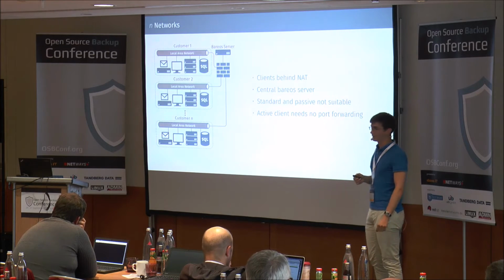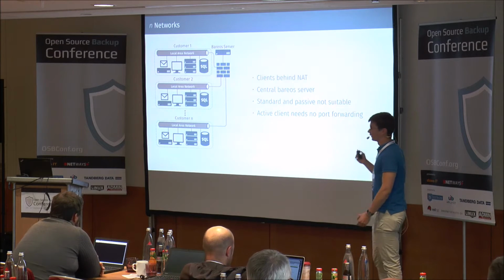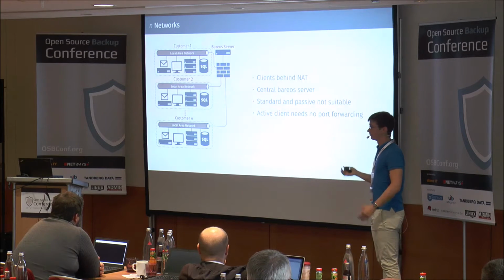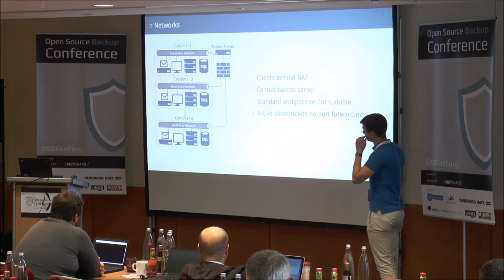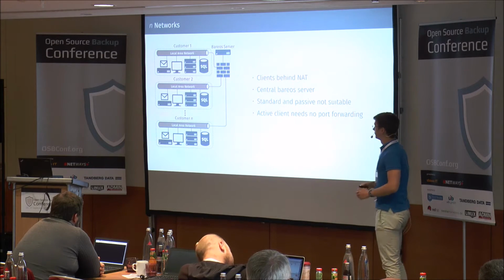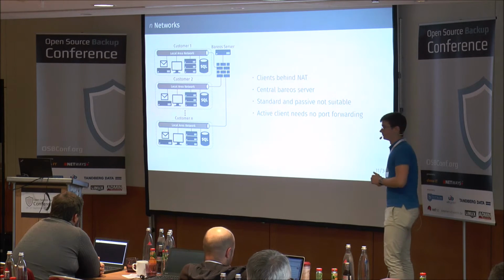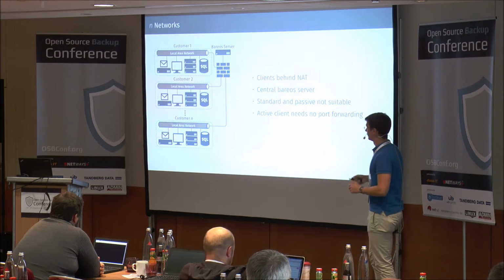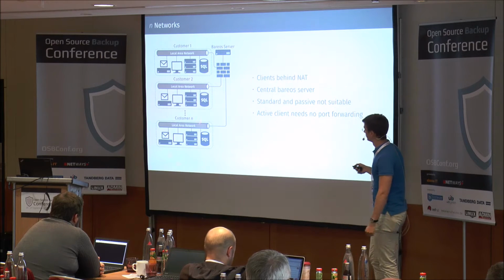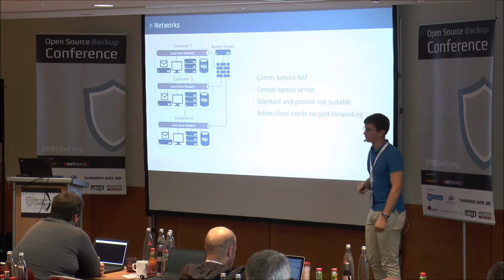So let's take this another step further. Now we have N networks, all the same in this picture. And now the standard and the passive mode are not really suitable anymore. Now you would have to configure for these N networks the firewall with 4 port forwardings.